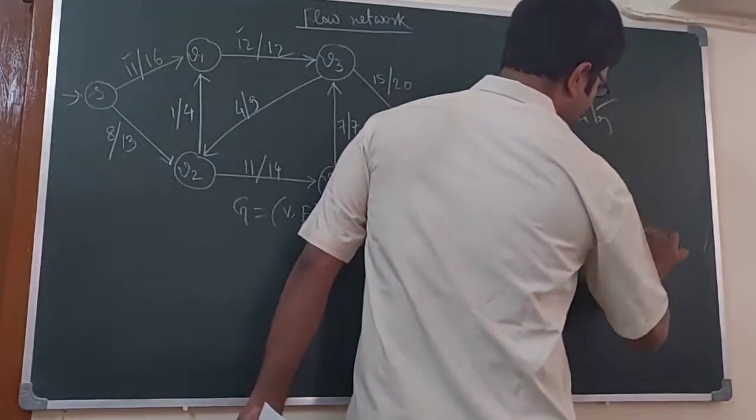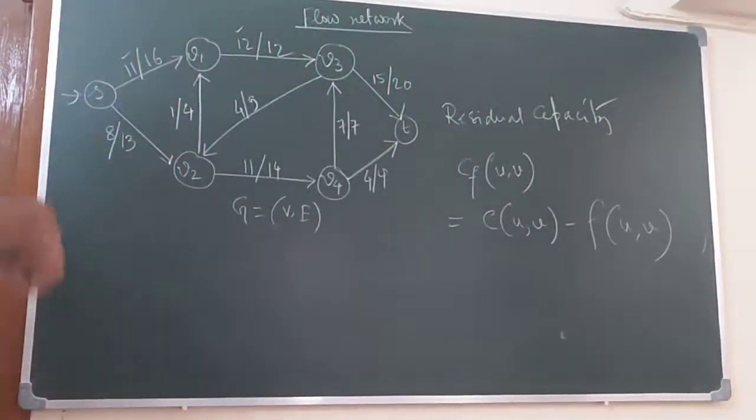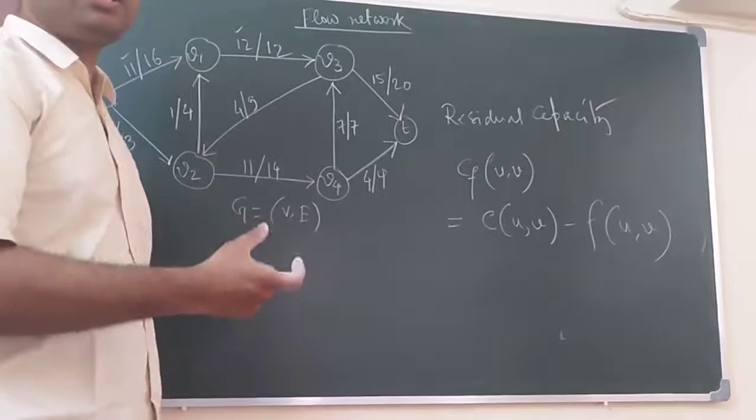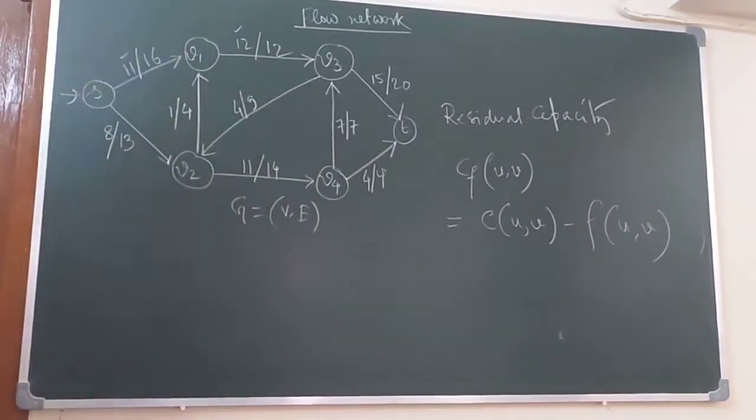That is the amount of flow we can increase along an augmenting path from the source to the destination.